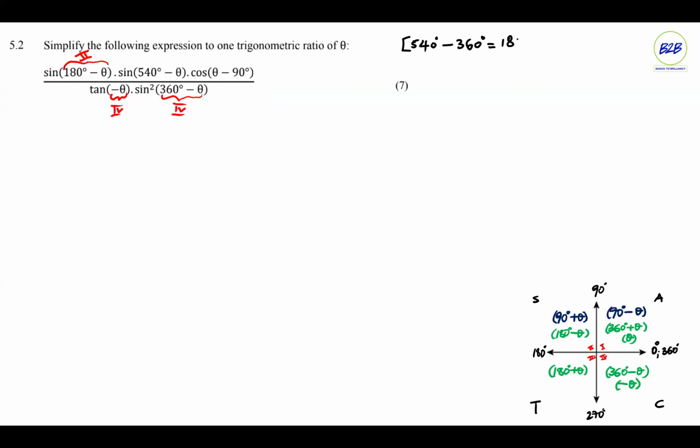We get 180 degrees. So what does that mean now? It means within that 540, we must subtract 360 and then get 180. So now in the place of 540 degrees, we are going to substitute 180 degrees. And that is part of the normal or standard reduction formula. What about this guy? Theta minus 90 degrees. That's a problem.